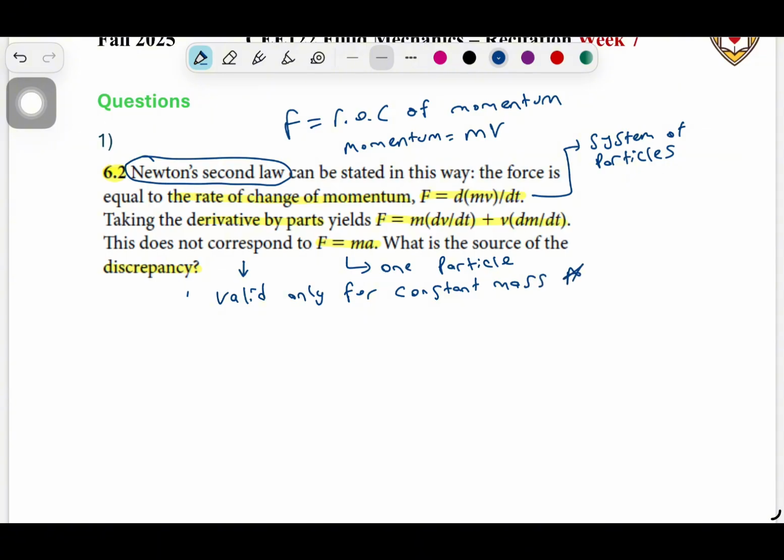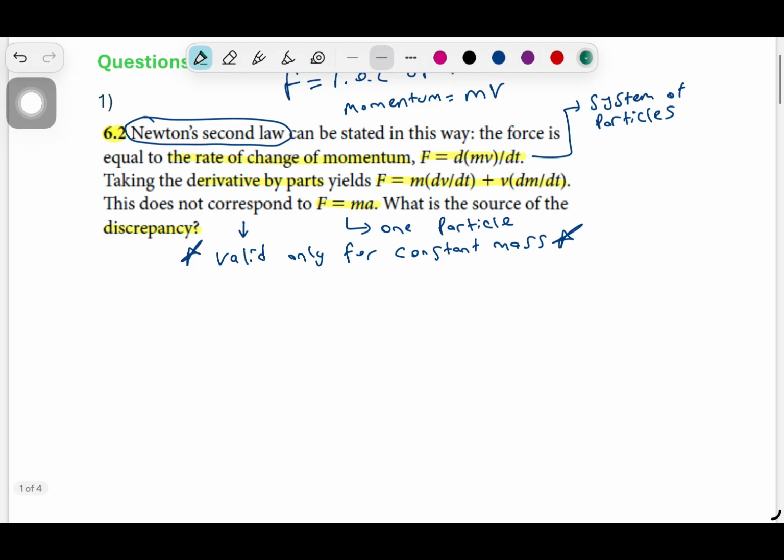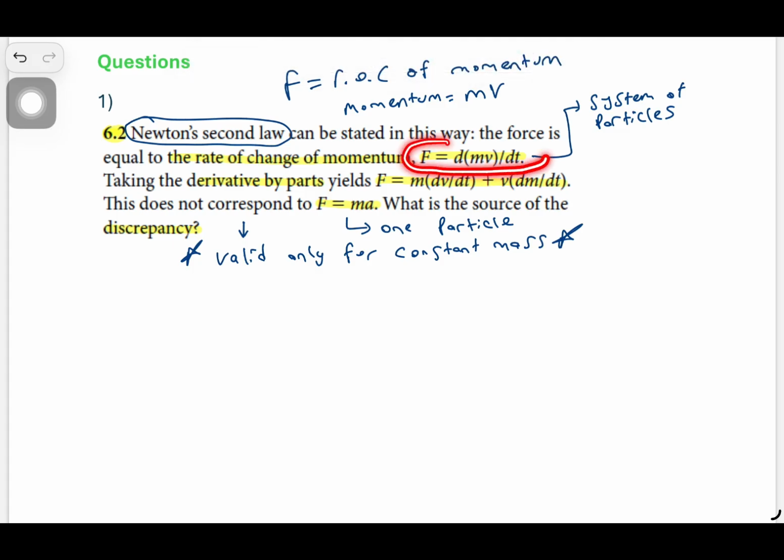So this information is important. So let's get started with the question solution. The main thing we need to find is the discrepancy between this one and this one, and why they are different.